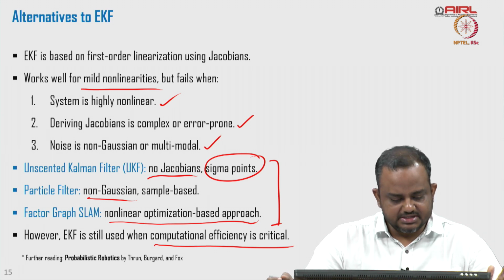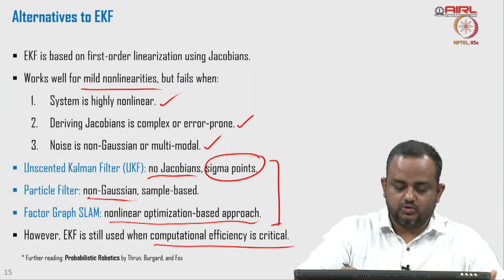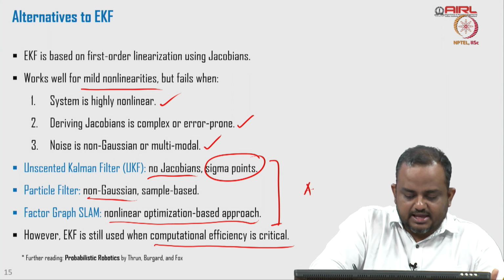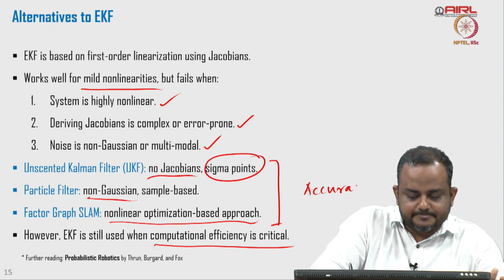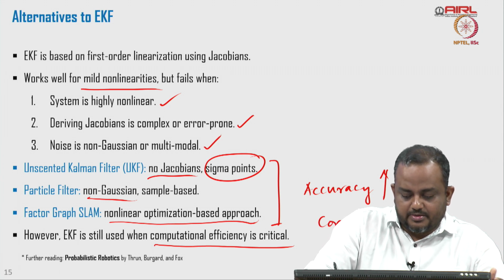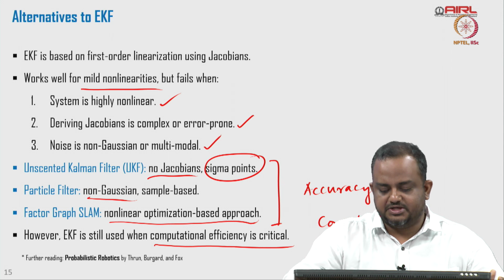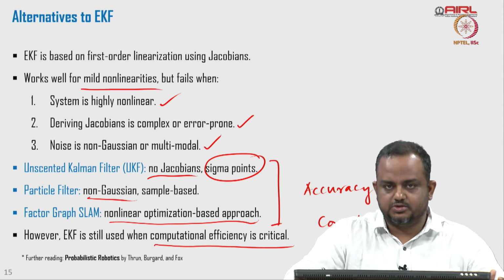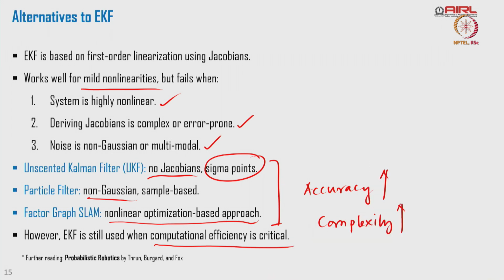But when we take the unscented Kalman filter or particle filter, though they give higher accuracy in estimation, the complexity also rises, which is a problem in real time implementation. Fine. Now, if you want to know more about the unscented Kalman filter, particle filter or factor graph based SLAM methods, then I suggest you go through this particular reading material.